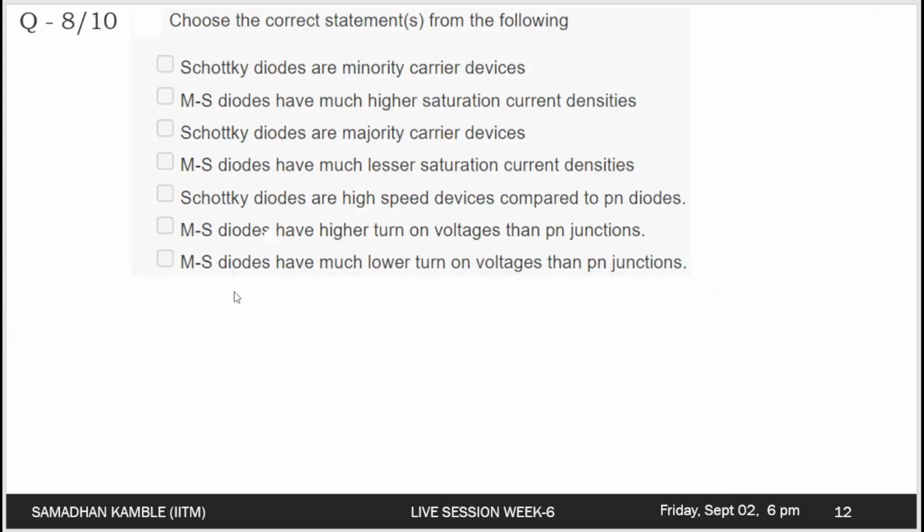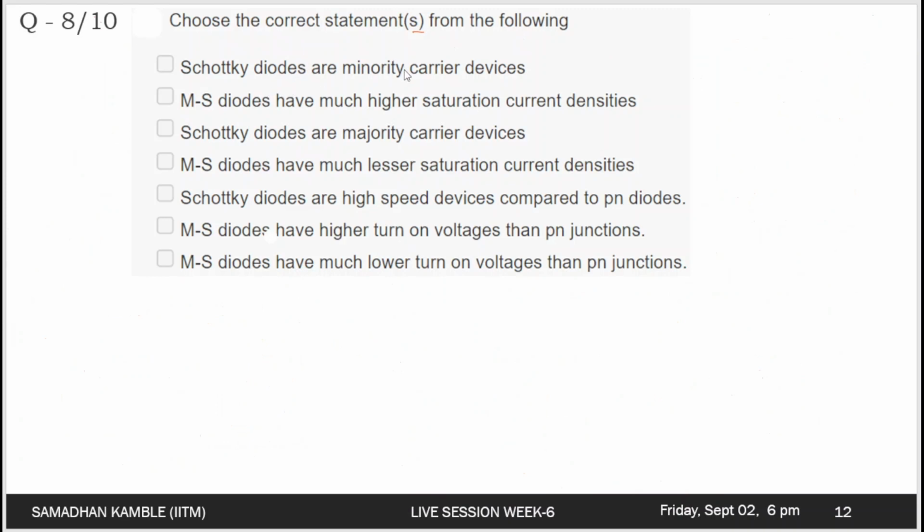Okay, so this is the question. Based on the problems that we have solved so far, I think all of you can answer it for me. I'll read out the question: choose the correct statement or statements from the following statements. One by one, if we go through these statements, we will be able to say whether each is correct or not.